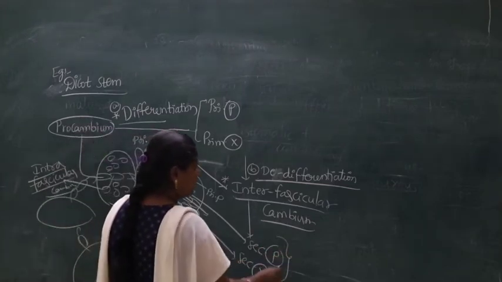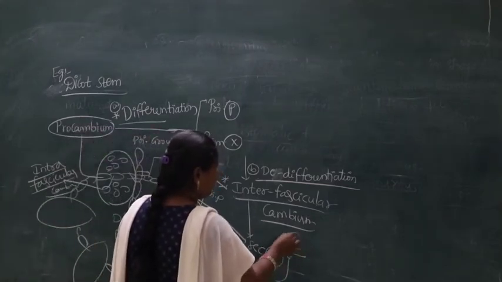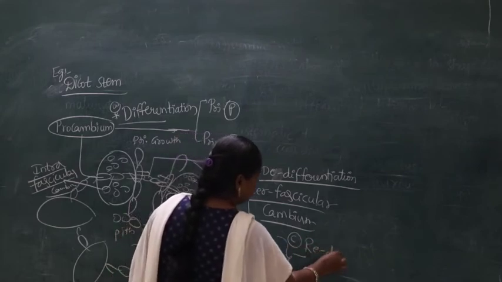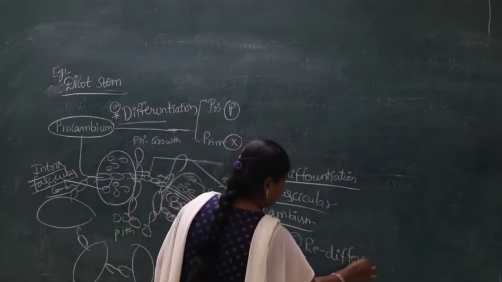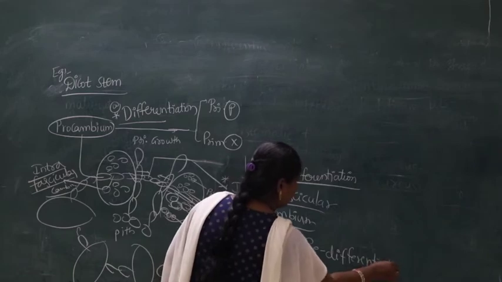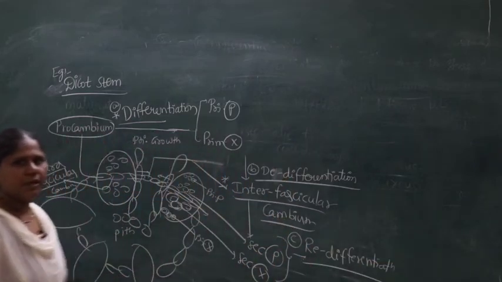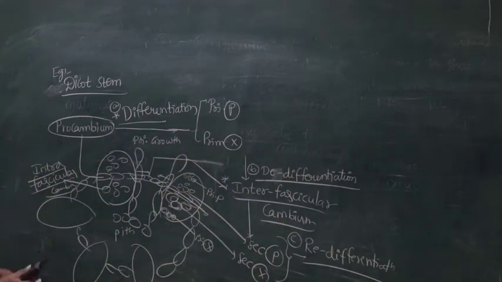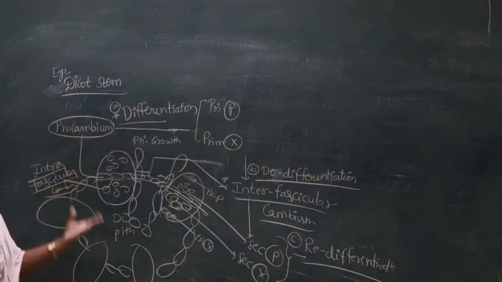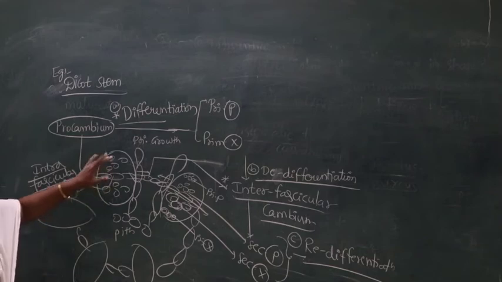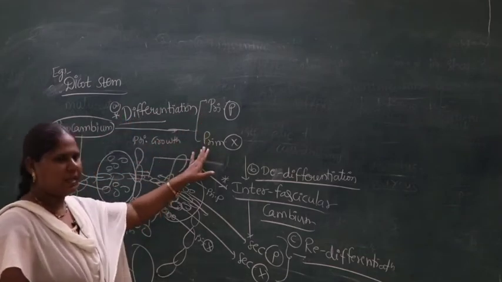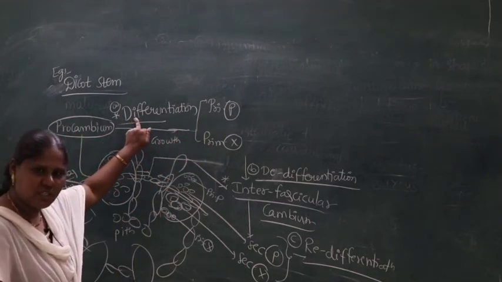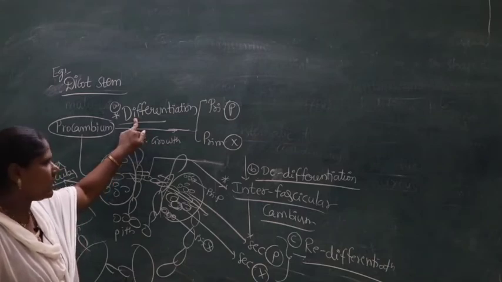Now this will come under secondary growth, that happens by redifferentiation. Are you getting me? Dicot stem, if you take as an example, in the primary growth time, when the young stem is growing, procambium divides and forms primary phloem, primary xylem. That's a good example for differentiation. You know the story of what happens later.